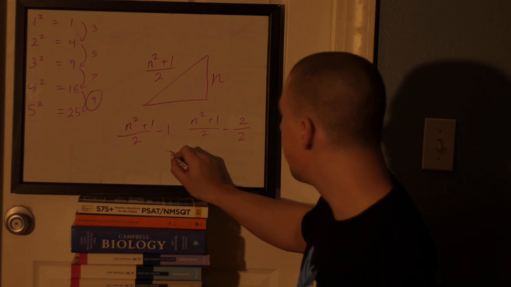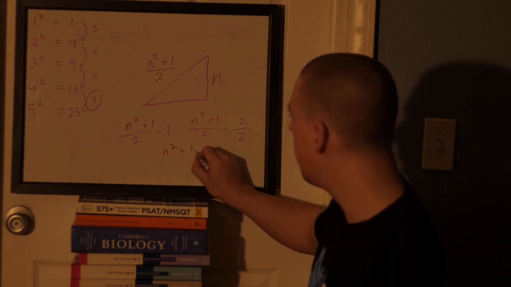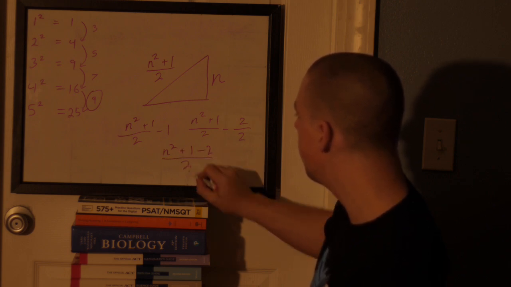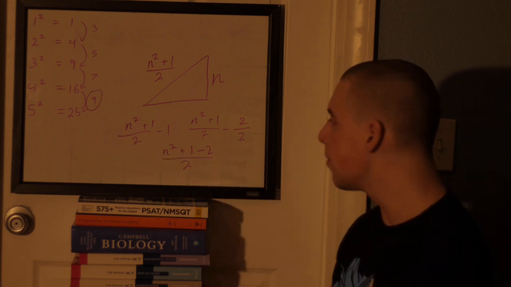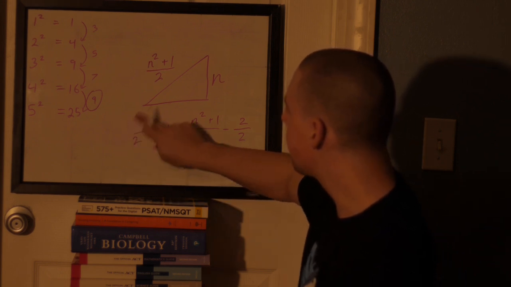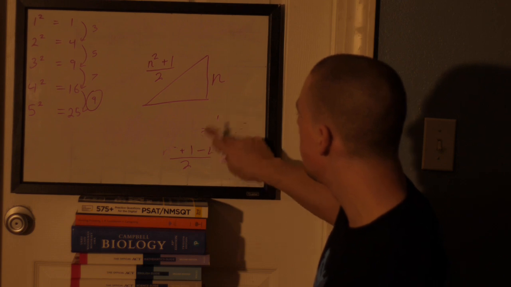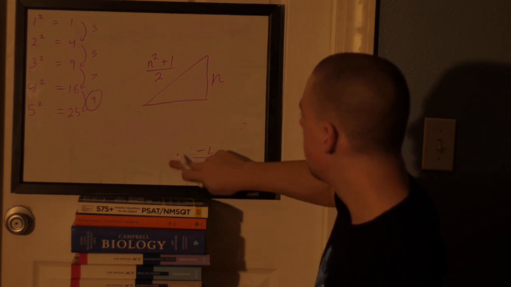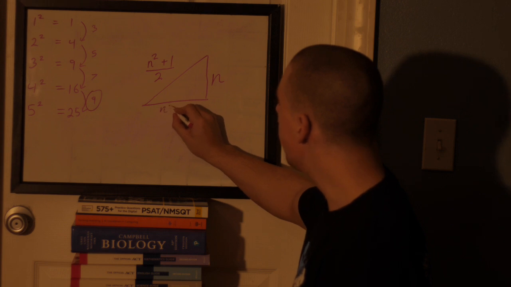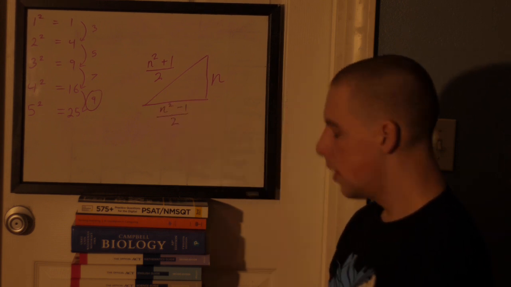That means that we can rewrite it as n squared plus 1 minus 2 over 2. And if we combine like terms, we get a much easier to read fraction that looks like this. Excuse my erasing method. N squared minus 1 over 2.